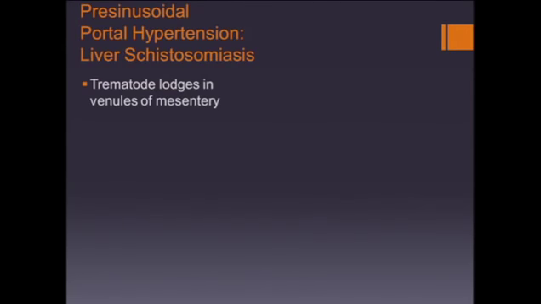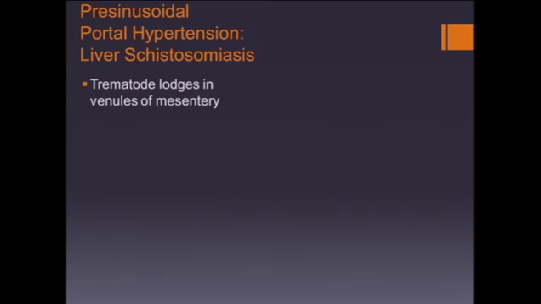Portal hypertension can be pre-sinusoidal, that is to say the obstruction to the portal flow occurs proximal to the liver, within the liver from cirrhosis or parenchymal liver disease, or distal to the liver at the level of the hepatic veins.